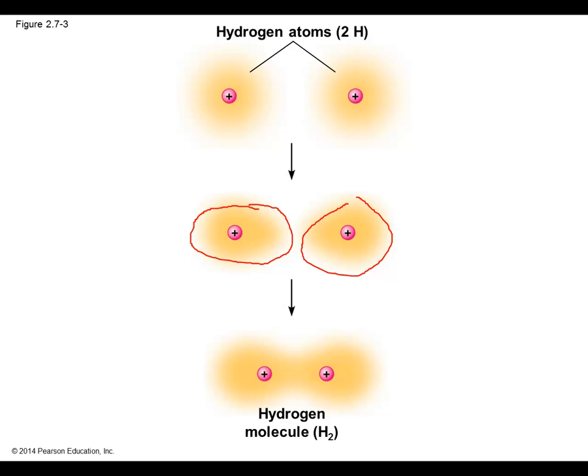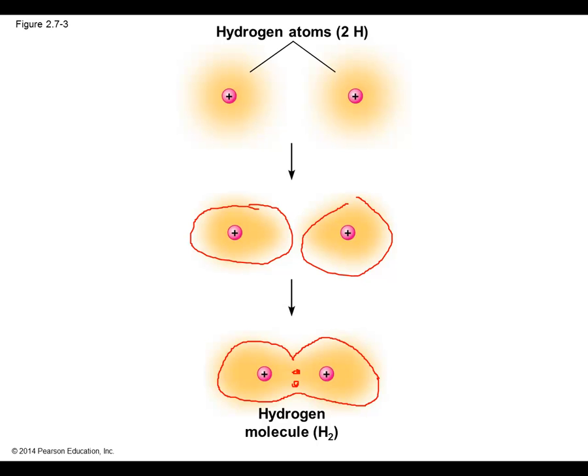So when the two hydrogen atoms come close enough together, their valence shells overlap. So you get this overlapping, and at that point there's two electrons that are being shared. Okay?